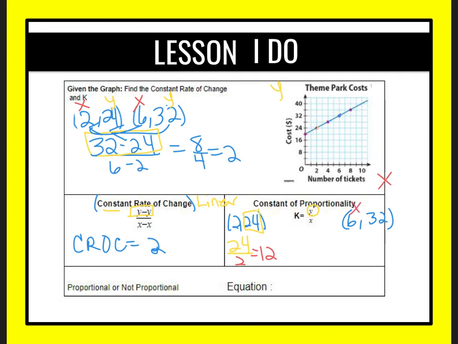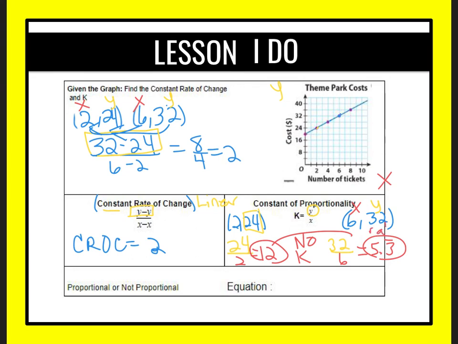So once again, keeping my colors in check, I'm going to take $32 divided by 6 tickets. And when I do 32 divided by 6, that's going to give me not a pretty number, but 5.3 repeating. So again, are my ratios giving me the same answer? I have to say there's not a constant of proportionality because these two ratios are not equal.